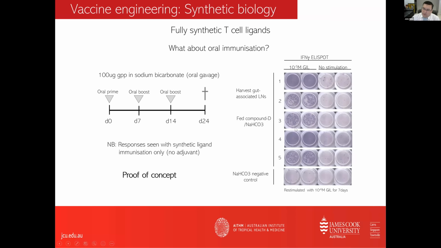Now, this is pretty cool because we didn't use any adjuvant here, and it provides proof of concept that we may be able to vaccinate against viruses using the mucosal tracts, either the oral or nasal.